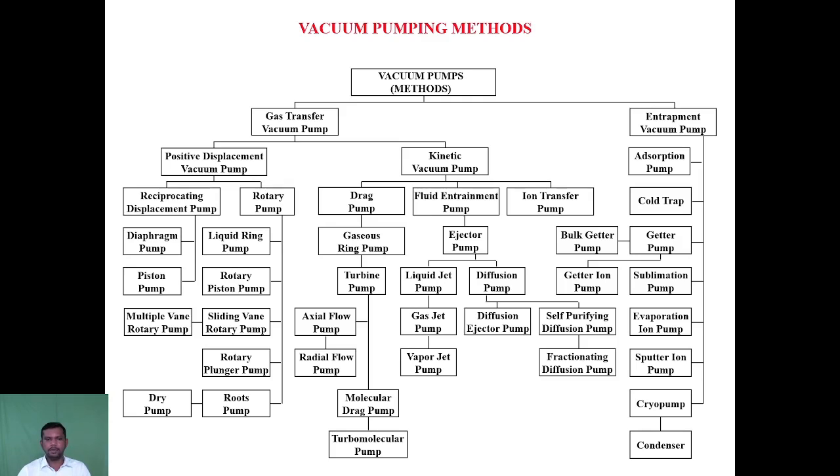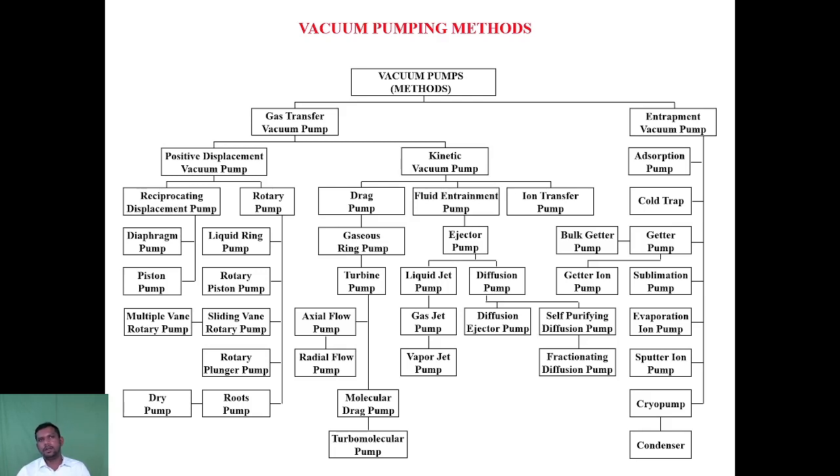The turbine pump is further classified into axial flow pump and radial flow pump, and broadly it is classified into molecular drag pump and turbomolecular pump. So these are all the different kinds of positive displacement vacuum pumps, kinetic vacuum pumps, and entrapment vacuum pumps.